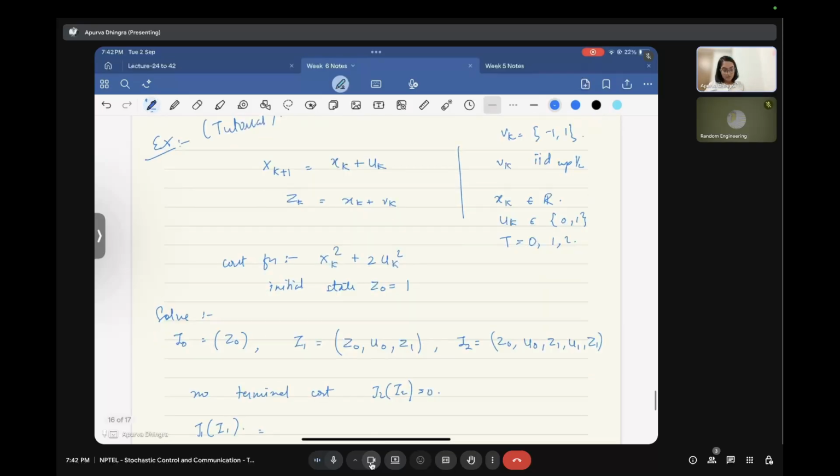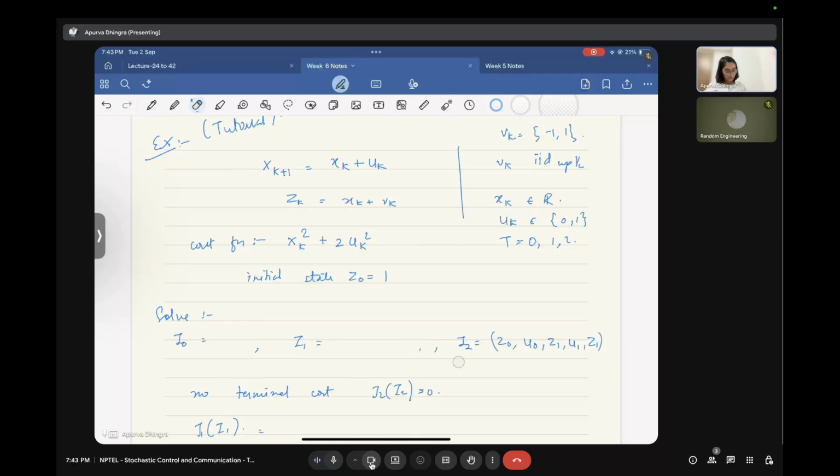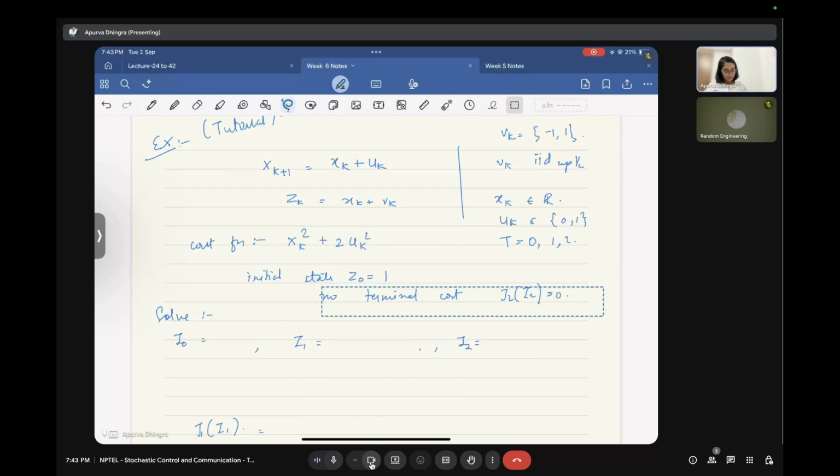Okay, the cost function is simple. Cost function is quadratic, and we're taking the initial state to be z0 equal to 1. Let's try this out on our own, not have anything written. There's no terminal cost. This is still part of the description only.